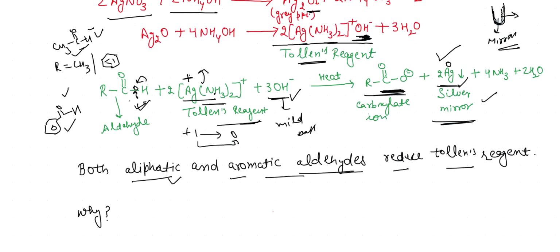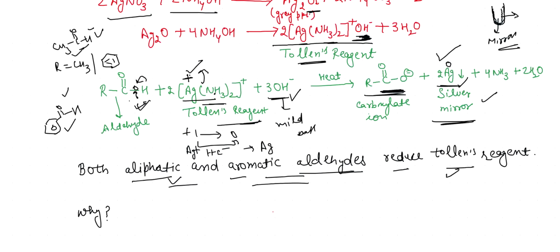When silver positive gains one electron, it converts into Ag. So silver is undergoing reduction and this aldehyde is undergoing oxidation. Both oxidation and reduction are occurring simultaneously. In other terms, we can also say aliphatic and aromatic aldehydes reduce Tollens reagent. Clear?